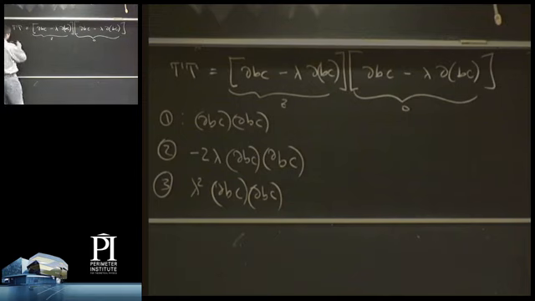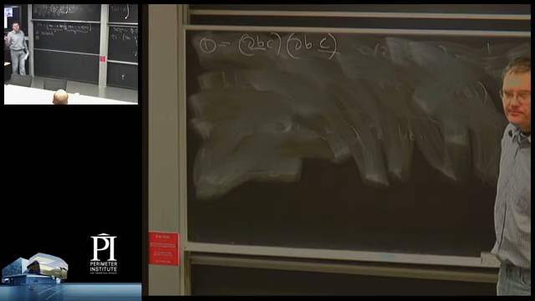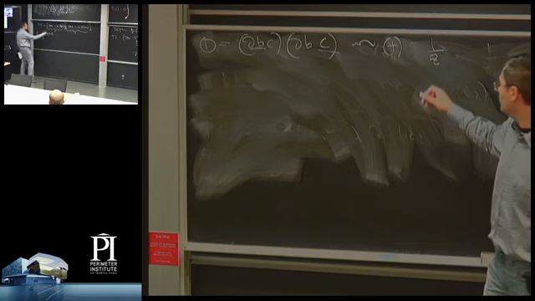So there will be a term of this type, del bc, okay? So then there will be a term of the following type. There will be a factor of 2. Note that because I always have a pair of fields, if I anti-commute the pair, I do not make any sign change. So there will be just a factor of 2 coming from the OPE here. So I will have minus 2 lambda del bc del bc.